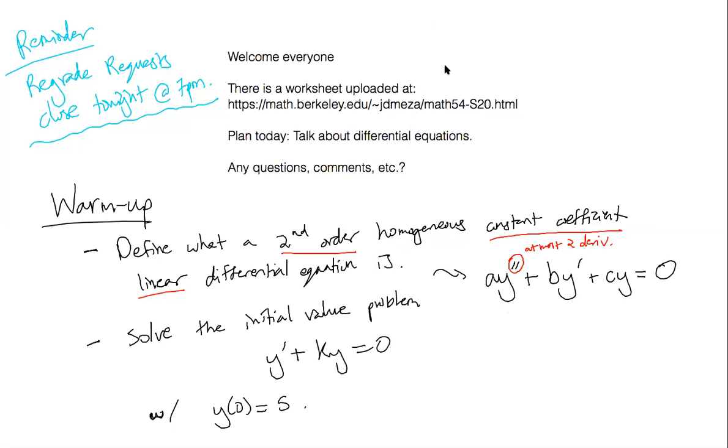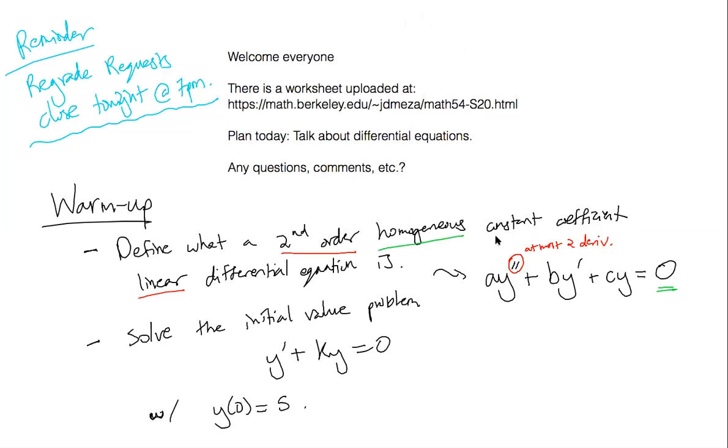Homogeneous means that you're setting the differential equation equal to 0, just like when you have a homogeneous linear system, like a homogeneous matrix equation, AX equals 0. We're setting the differential equation equal to 0, so there's no constant term.